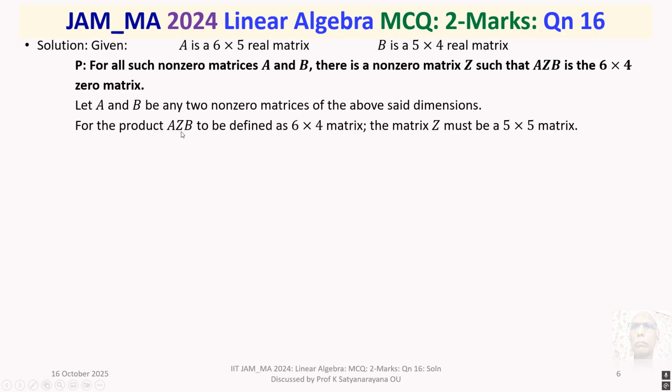Z should be 5 by 5. Then it will be 6 by 5, multiplied by 5 by 5, multiplied by 5 by 4. The outcome AZB will be a 6 by 4 matrix.